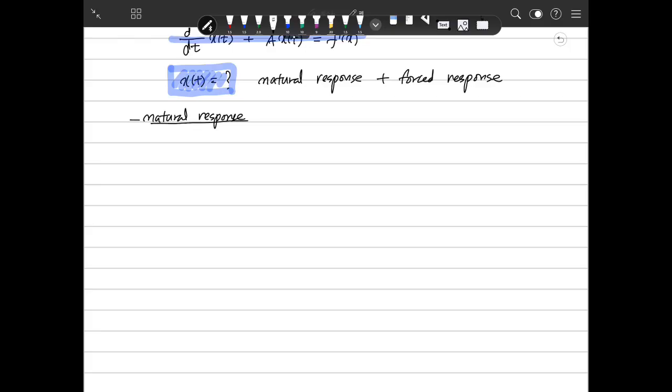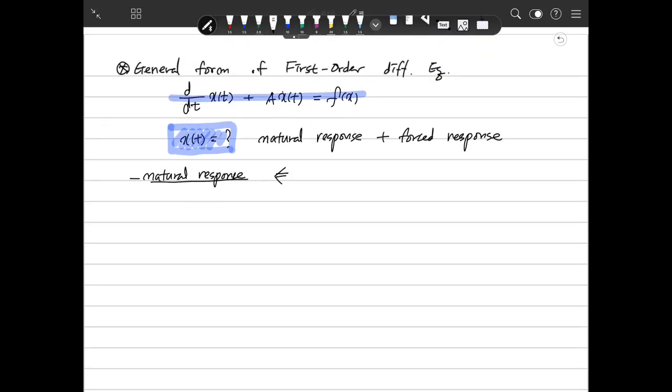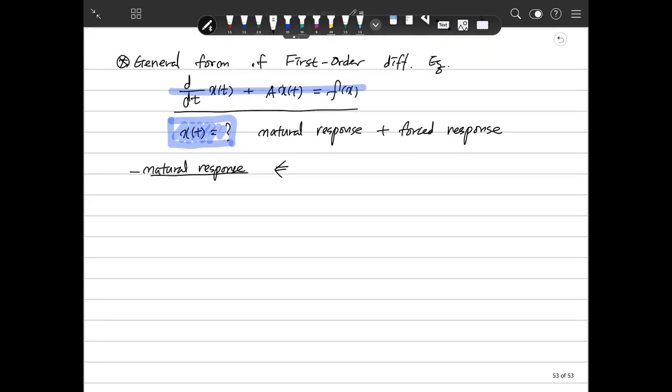What is a natural response? Natural response is the solution of the homogeneous equation. What is the homogeneous equation? That is dx(t)/dt plus a x(t) equals 0. The homogeneous solution is the solution of this equation.